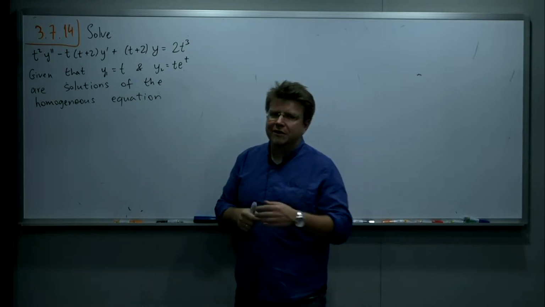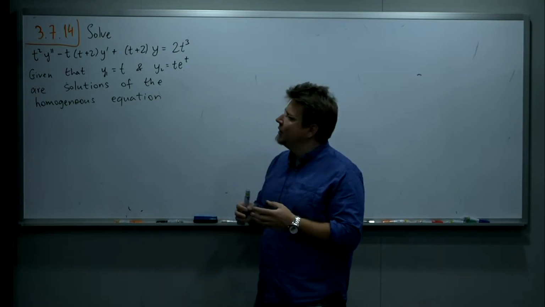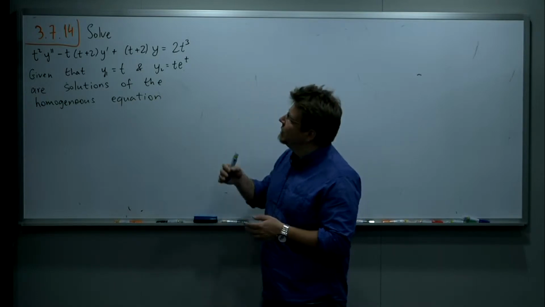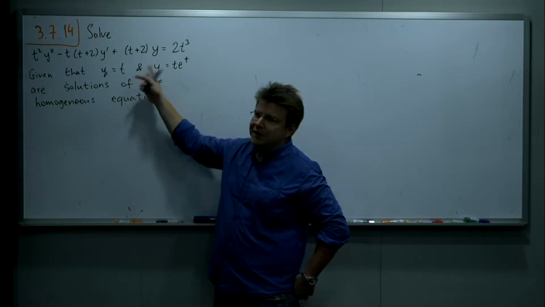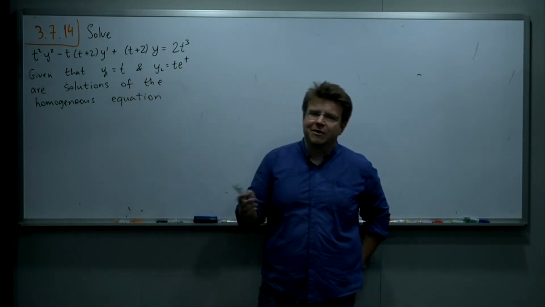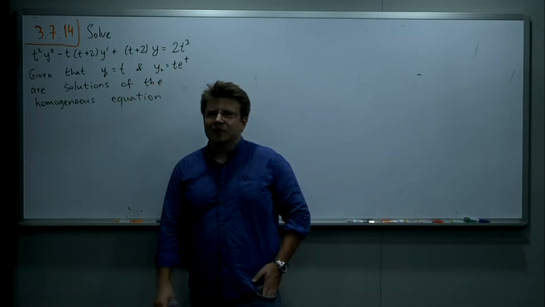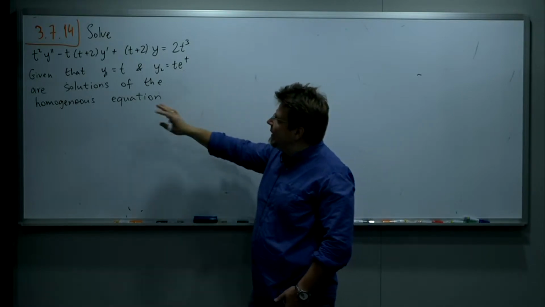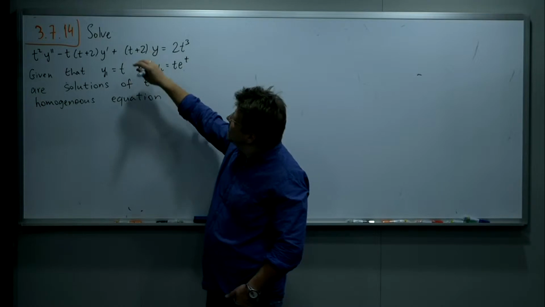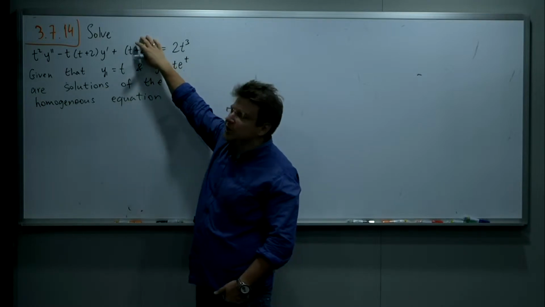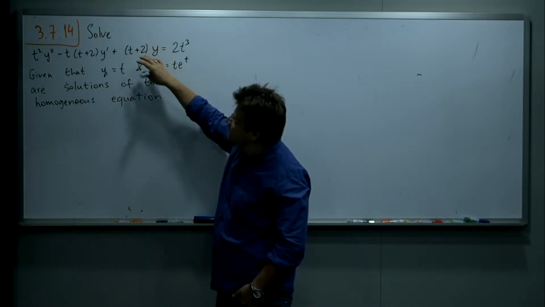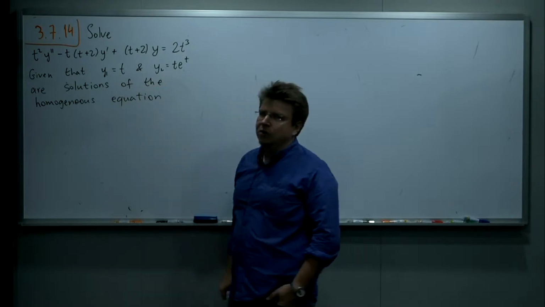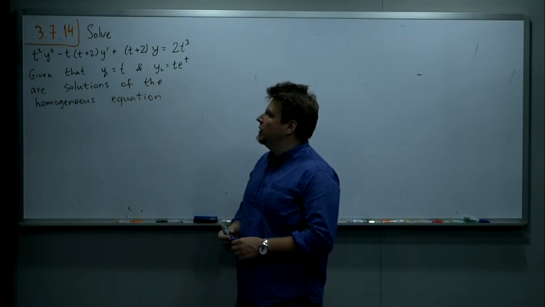There are some methods to come up with complicated differential equations on purpose if you know the solutions. I use it sometimes to write your midterm tests or exams. In any case, the idea here is that we're supposed to solve this non-homogeneous differential equation, but we are given the two solutions of the corresponding homogeneous differential equation.